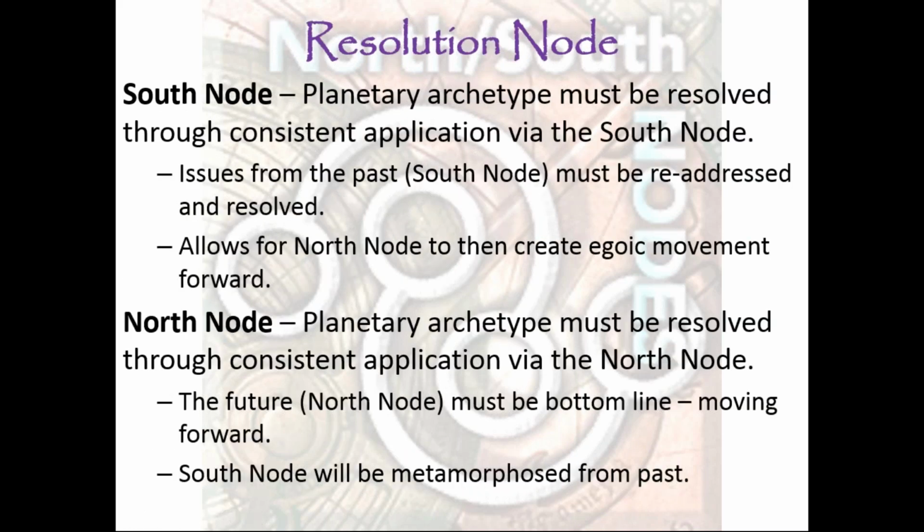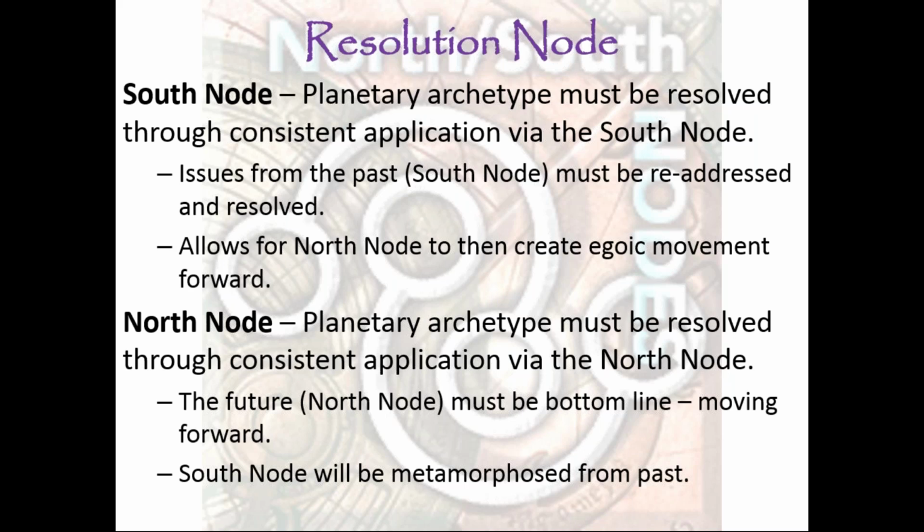Now, when the resolution node is the south node, that planetary archetype must be resolved through consistent application via that south node. And this means there's going to be something from the past, all the issues from the past that'll be represented by that south node, by sign, by house, by aspect, by its rulers.